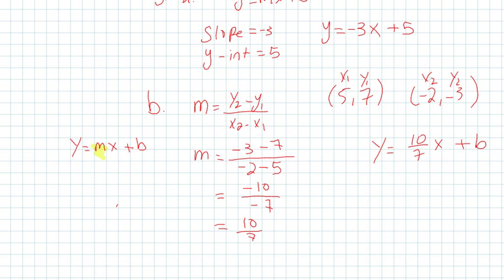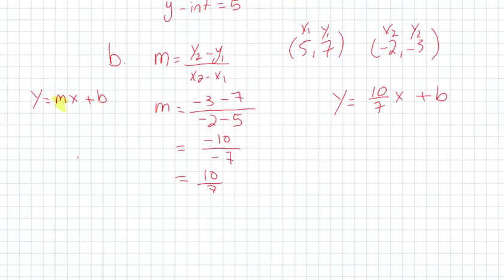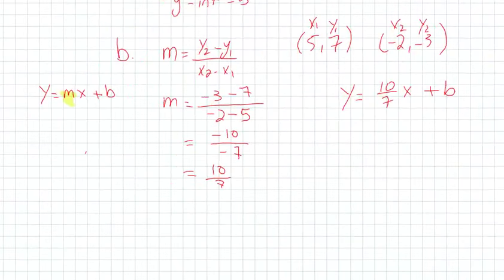So look at this. I'm going to pick the 5 and 7 just to make fewer mistakes. If I plug in this, I'm going to get 7, because y is 7, equals 10 over 7 times 5 plus b. You see what happened?